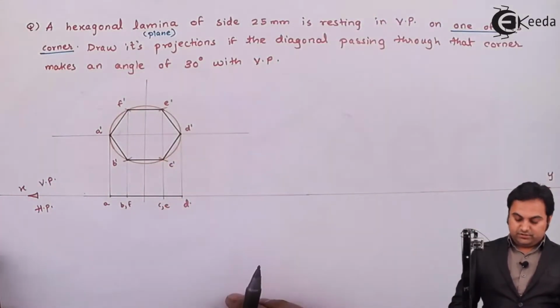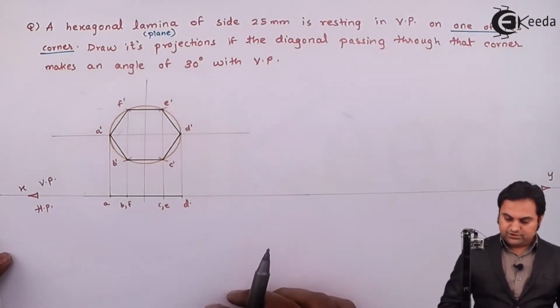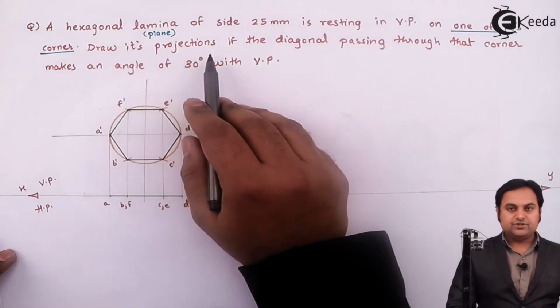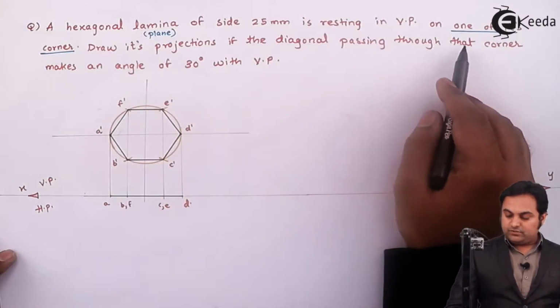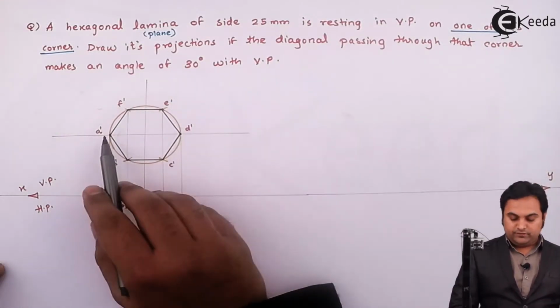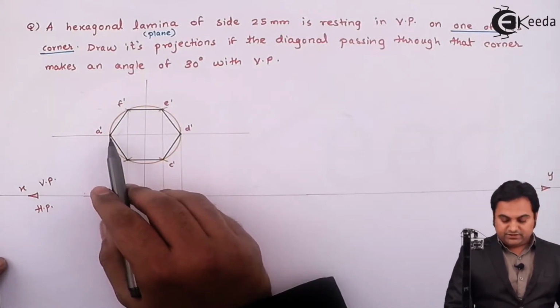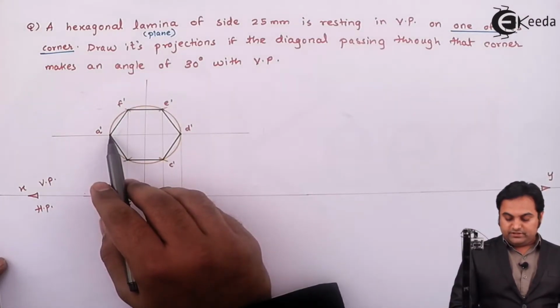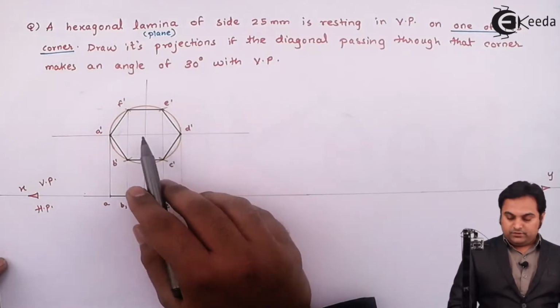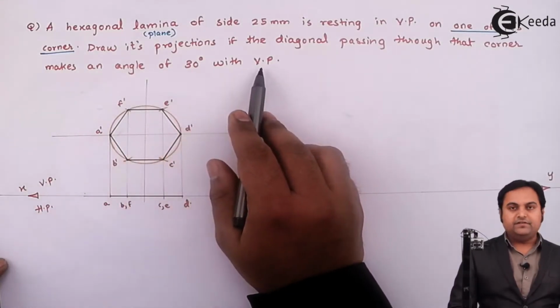So this is the hexagonal plane. Now the question is, draw its projections if the diagonal passing through that corner, which corner on which it is resting, that is A dash. So the diagonal passing through it is A dash D dash. Now this diagonal makes an angle of 30 degree with VP.